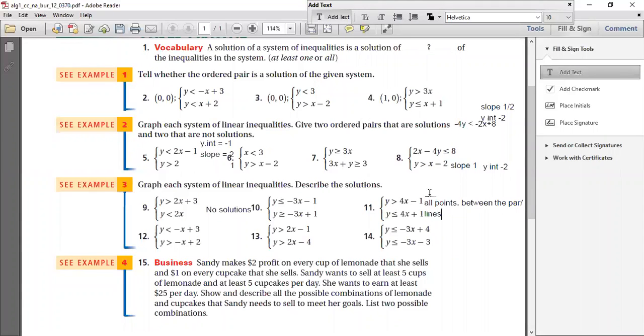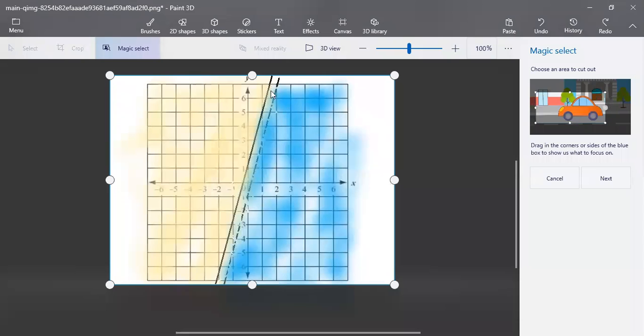and on the solid line. So this is how we describe the solution if both the inequalities are, what is that word we use, intersecting or overlapping each other. So if you get a graph where both of them are overlapping like this, you will describe the solution as all the points between the parallel lines, because you can see that they both are parallel.